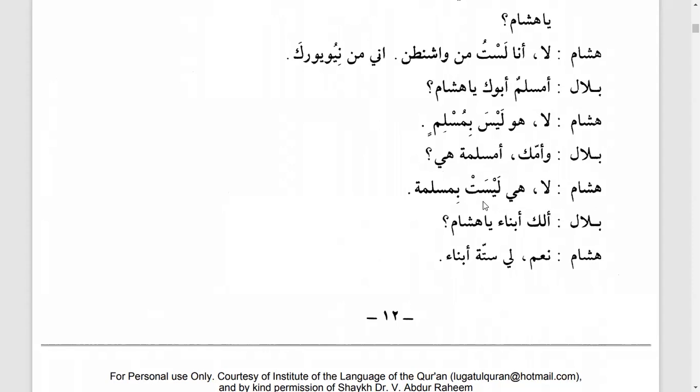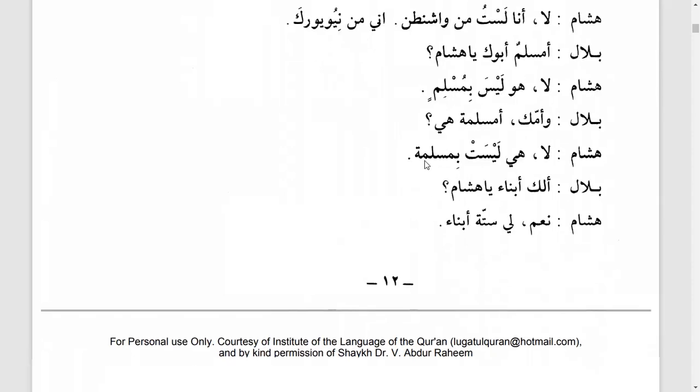Hisham: la hiya laysat bi muslimatin. No, she is not a Muslim. So hiya laysat. You can see here for feminine, we have ta sakina, so laysat. Laysa for masculine singular, and laysat for feminine singular. Hiya laysat bi muslimatin. She is not a Muslim.